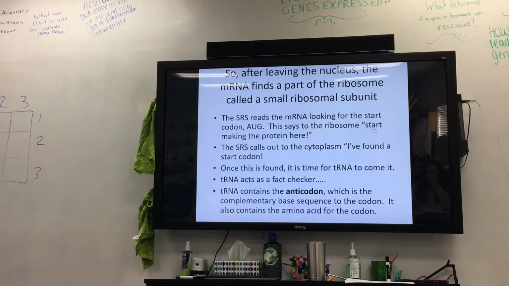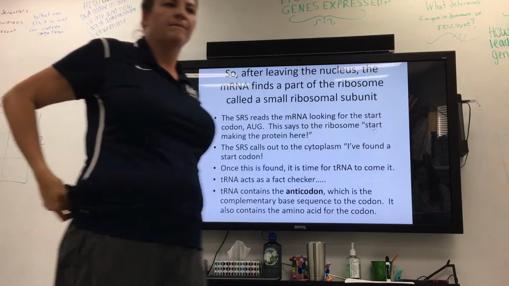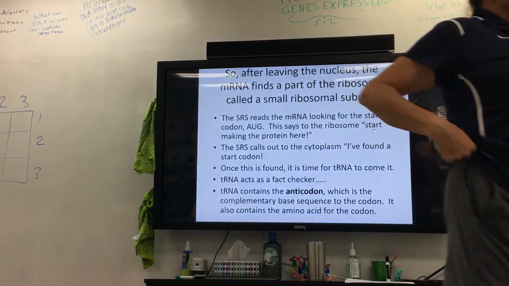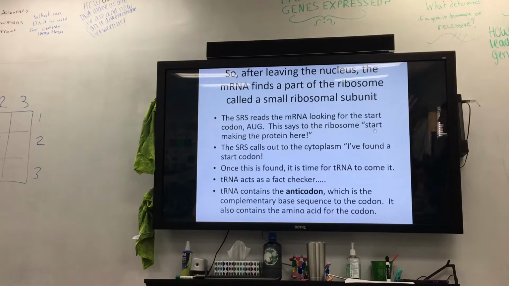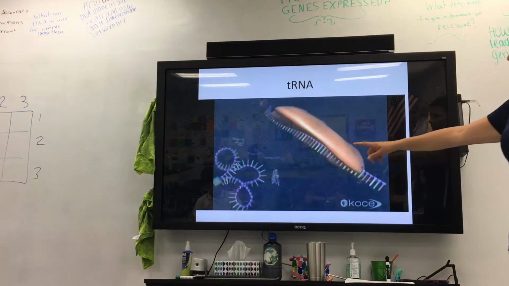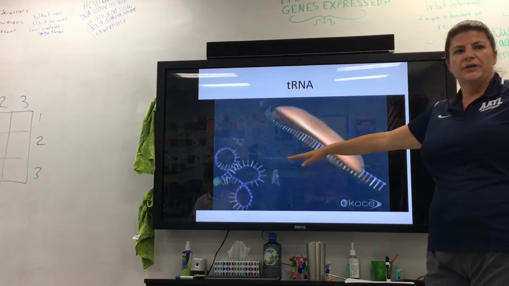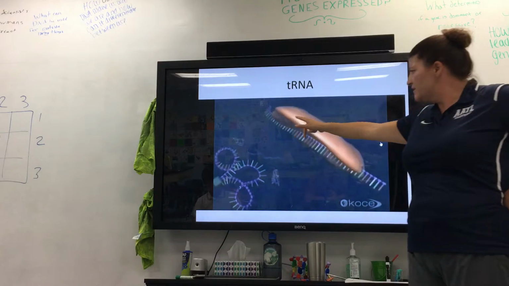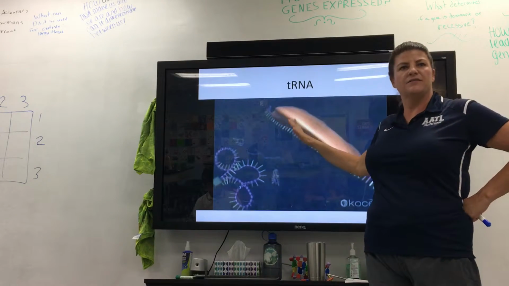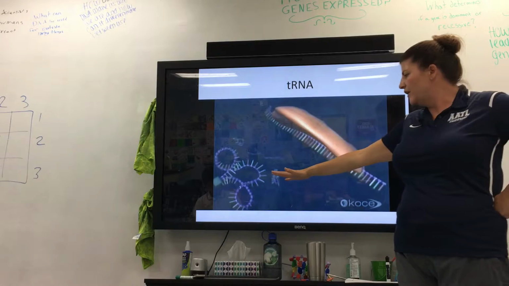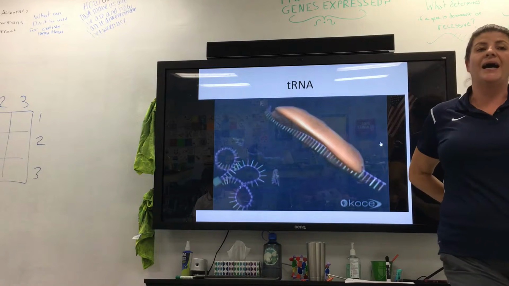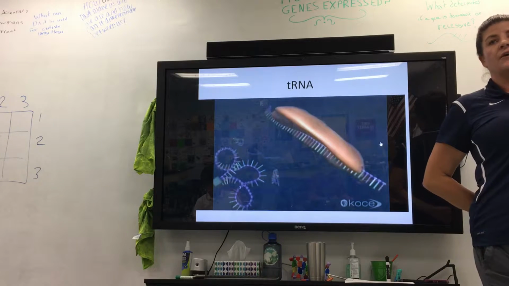This whole thing here, that whole thing is the transfer RNA. It hydrogen bonds, yeah. Okay? It hydrogen bonds to it. Here's your transfer RNA. There's the small ribosomal subunit. It's found CUG. This transfer RNA is coming in and it's going to bind to the codon.